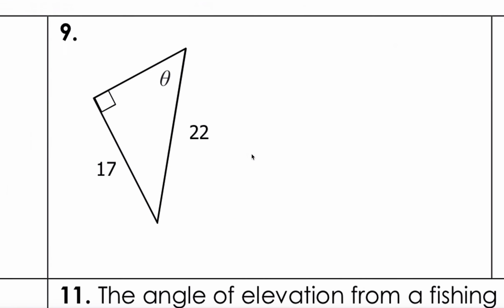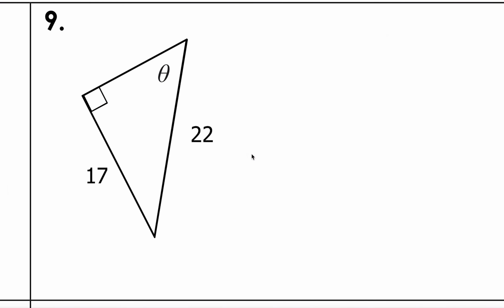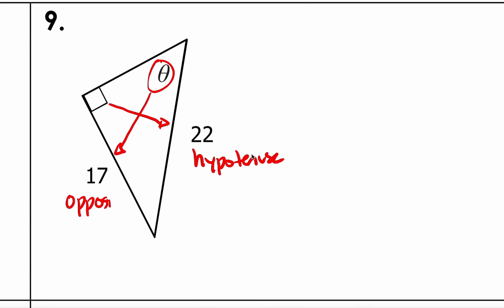So here's number 9. So here's our theta. This 22, that's the opposite side of the 90-degree angle, so that's our hypotenuse. And then this side, the 17, is the opposite side of the angle. So we have opposite, we have hypotenuse, so that is sine.